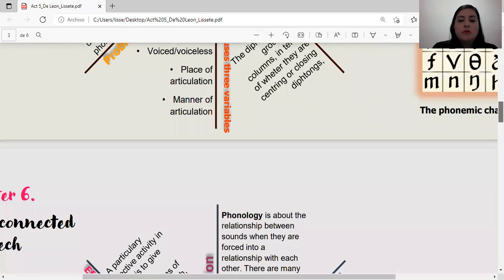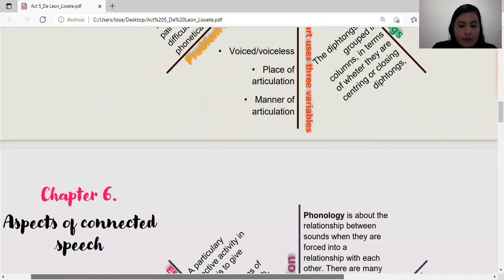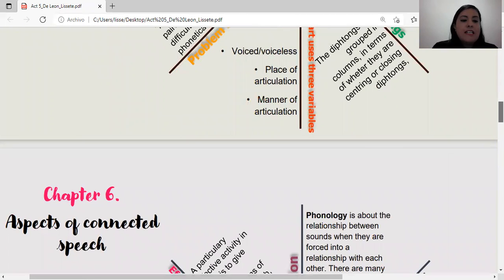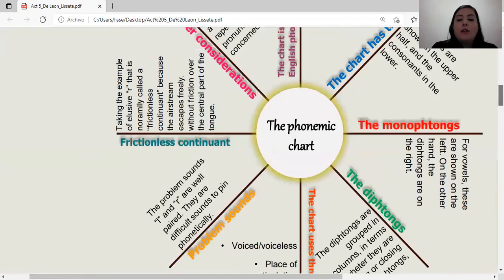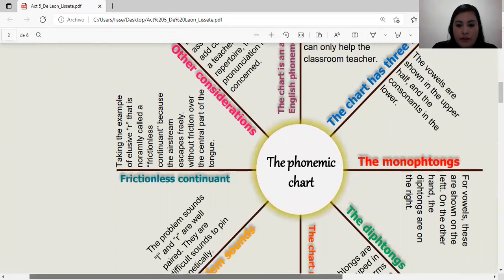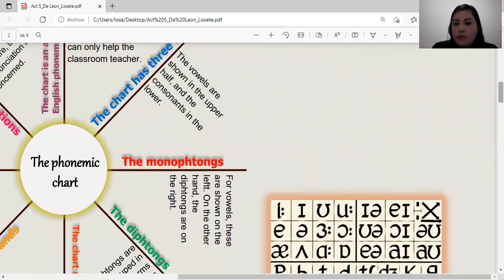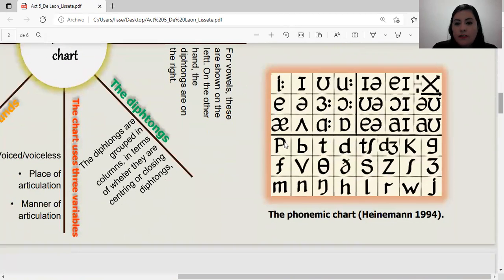Okay, I'm going to pass over to the next topic, aspects of connected speech. Before that, it's important to mention that this is the phonemic chart made by Heinemann, 1994.